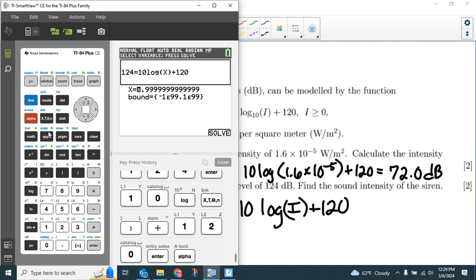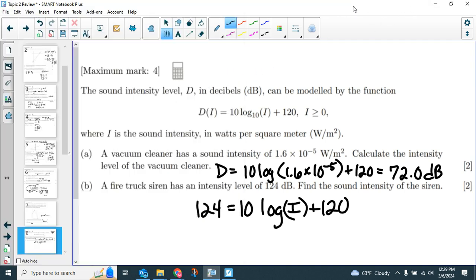Enter, boom, alpha, enter, boom. So 2.51 to 3 sig figs. And that is whatever this represents. Watts per meter squared.